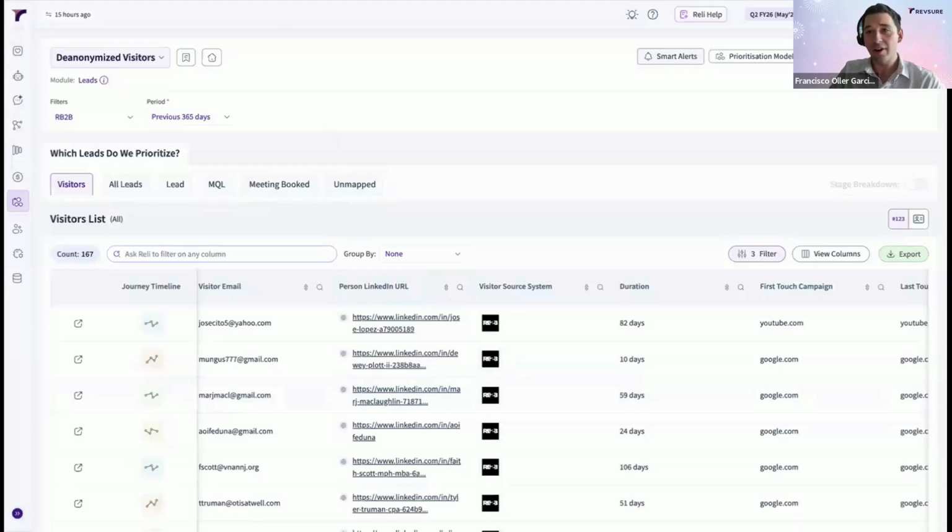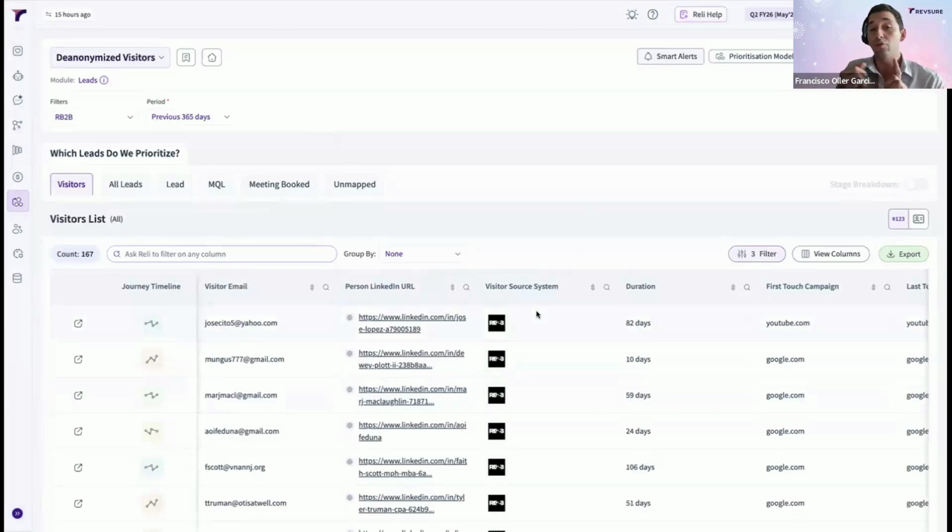All right. So here we are in RevSure, and here we're looking at the de-anonymized visitors, and layering up top what we're seeing from our data partner RB2B. And here we're able to look at the timelines. What were all those interactions that these visitors took?